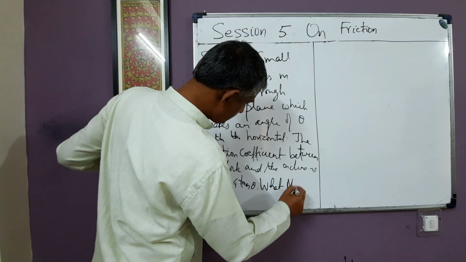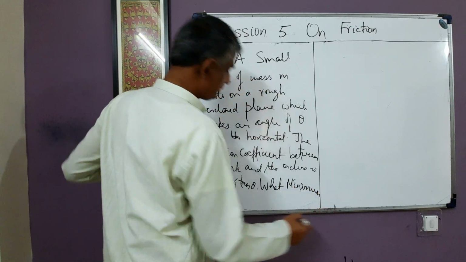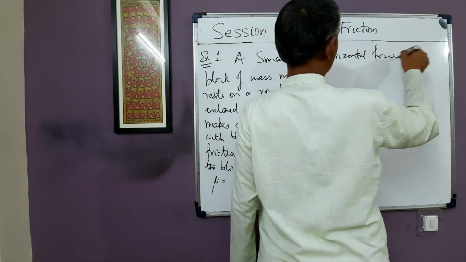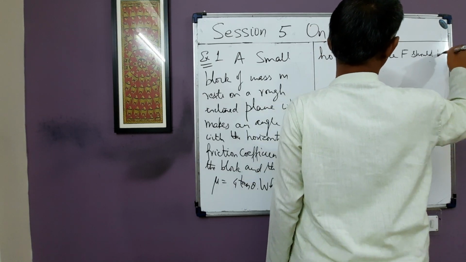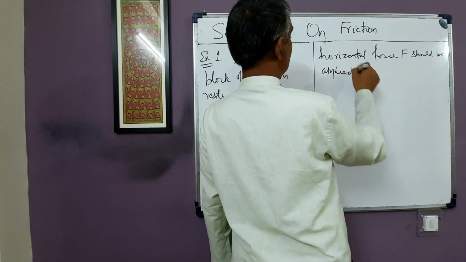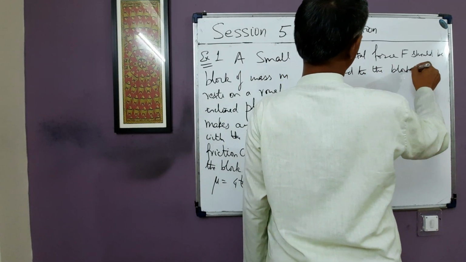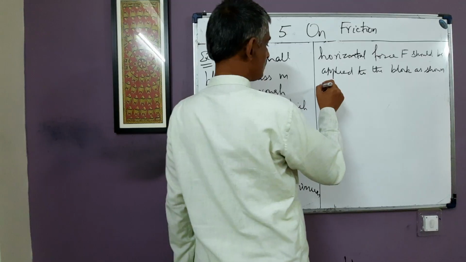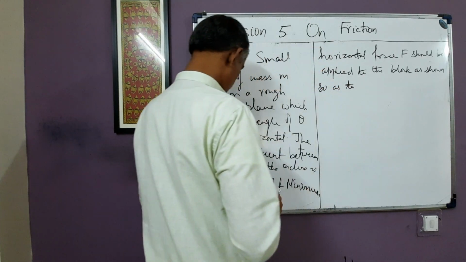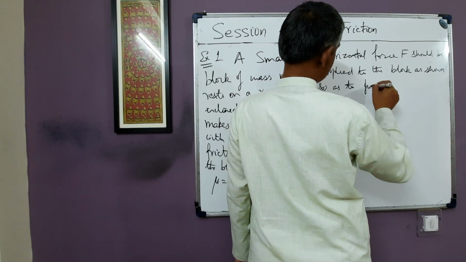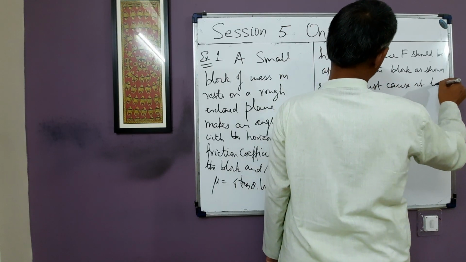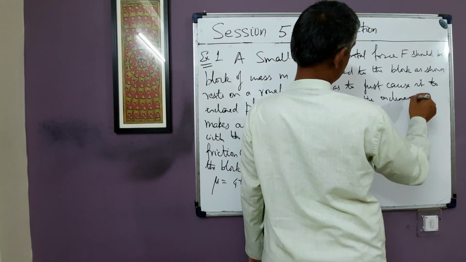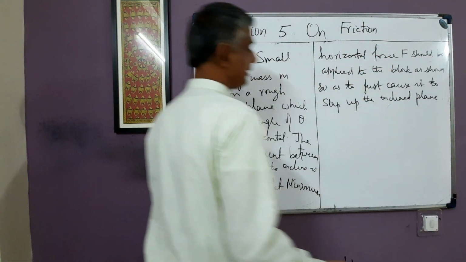What minimum horizontal force F should be applied to the block as shown so as to just cause it to slip up the inclined plane.